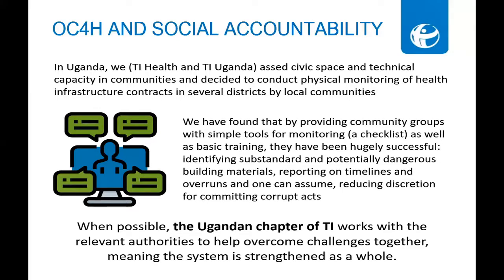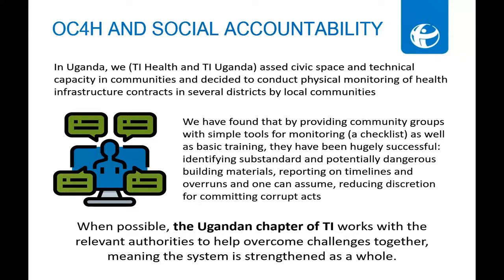So we found that by providing simple tools to these community volunteers, like checklists and basic training about what are substandard materials such as cement, bricks, etc., we found that it reduced discretion in this area, but also it helped identify specific weaknesses.